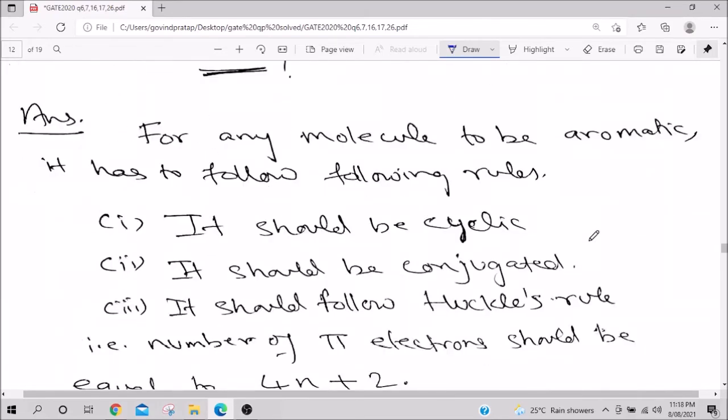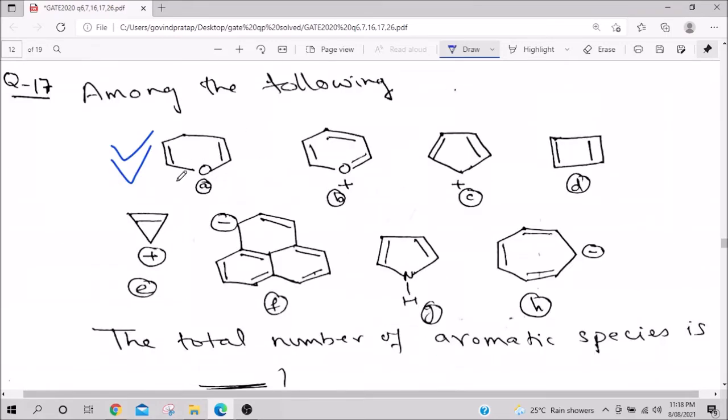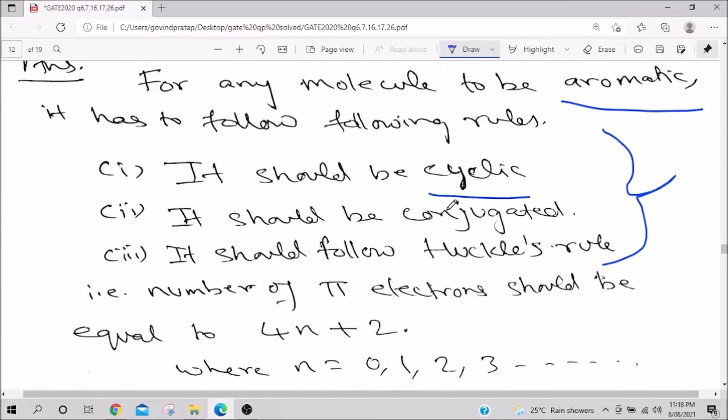So, let us know this rule. For any molecule to be aromatic, it has to follow 3 rules. If it fails in any one rule, then it will not be aromatic. First, it should be cyclic. Let us look. A, B, C, D, E, F, G, H, all of them are cyclic, so all of them pass the first rule.